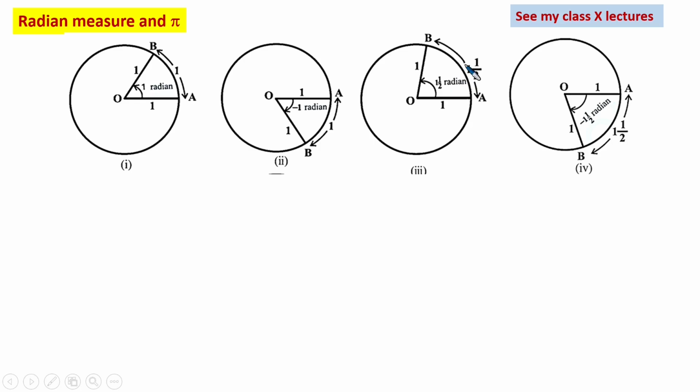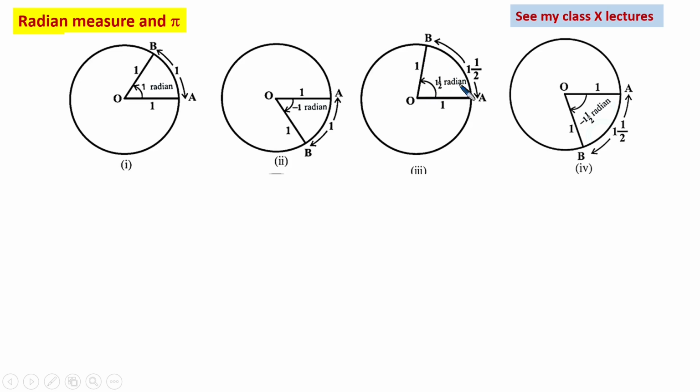And here, if the length of this arc is 1.5 centimeter, then the angle subtended will be 1.5 radian. So you can understand that this is your 0 degree, this is 90 degree, this will be your 180 degree, and the full circle will be your 360 degree, which is nothing but 2 pi.